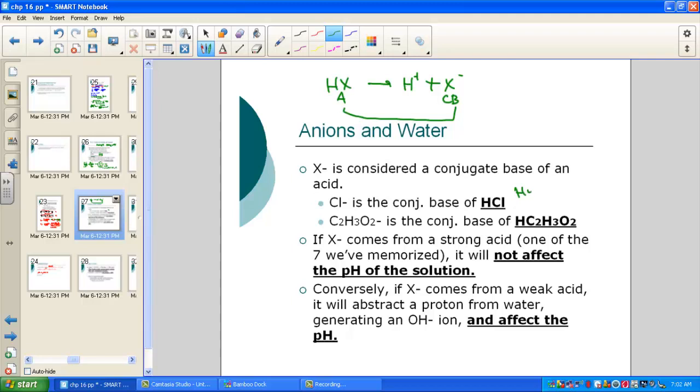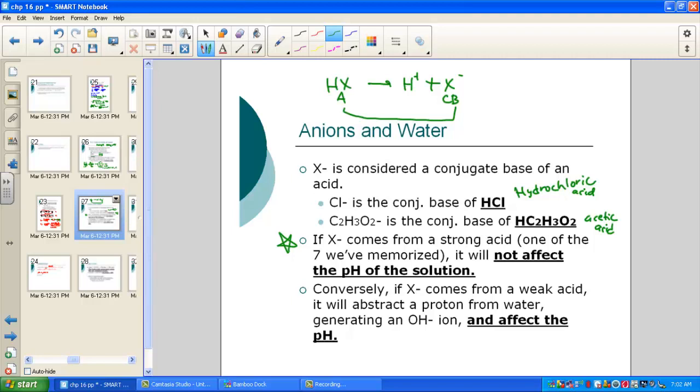We can write these words as well. Hydrochloric acid, chloride and hydrochloric acid are conjugate pairs. Acetate and acetic acid are conjugate pairs. Now here's the important note.